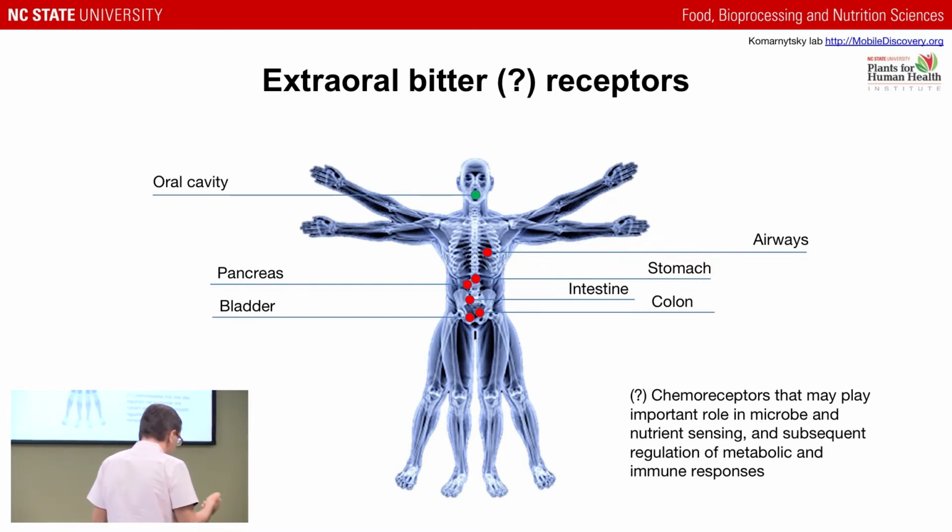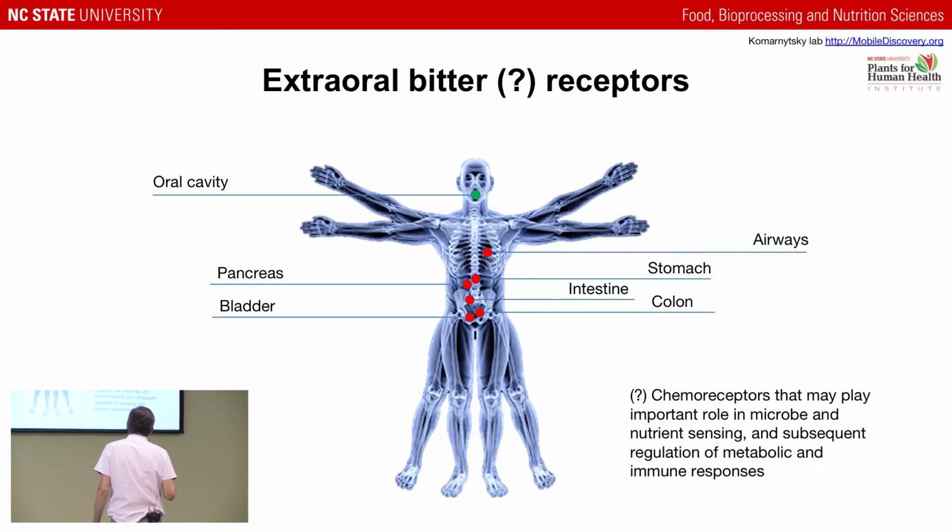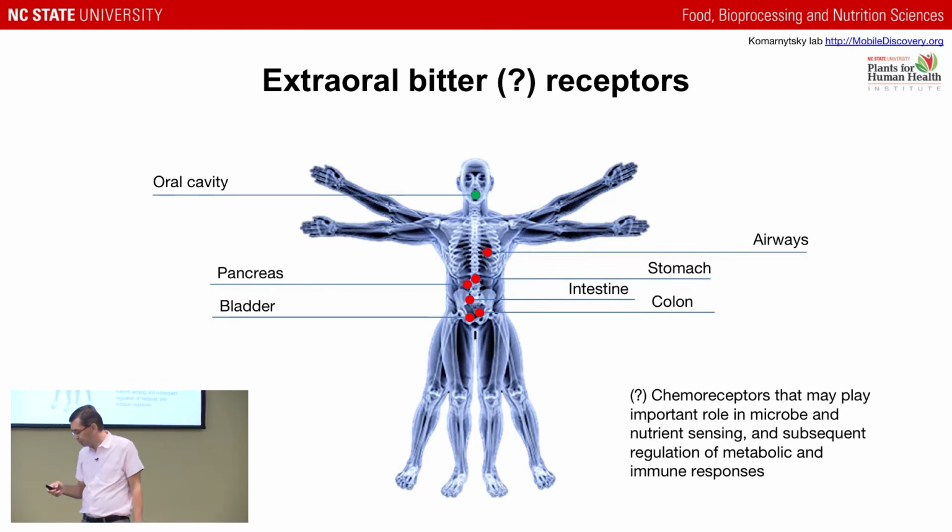And particularly concentrated, if you forget the tongue, in airways, so in our lungs, in stomach, intestine, colon, so in our gut, in pancreas, which is one of the glands which comes out of the same tissue that the gut is formed from, and in bladder. All right?